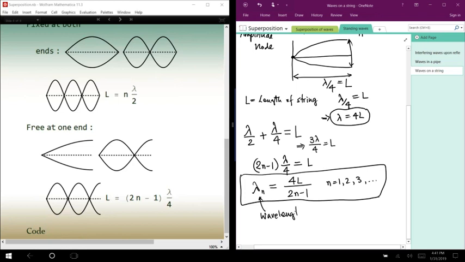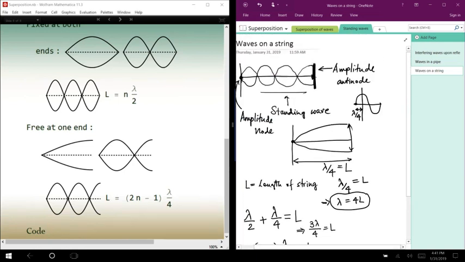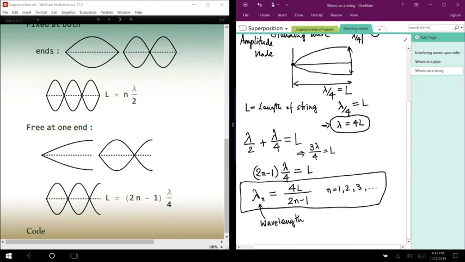That's the wavelength of the nth standing wave pattern that can form on a string with these particular boundary conditions. The boundary conditions are that one end of the string is fixed, the other end of the string has an amplitude antinode. Okay, so that happens when at least one end of the string is free.